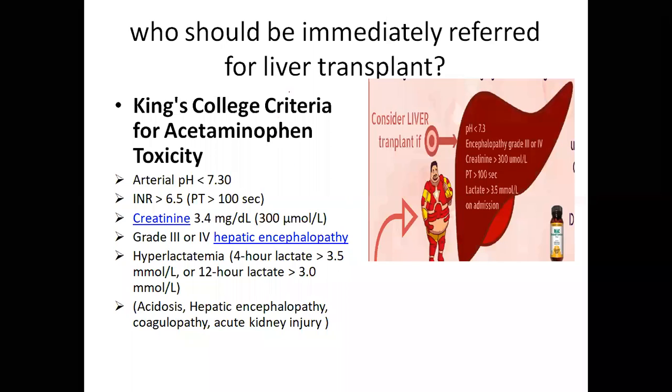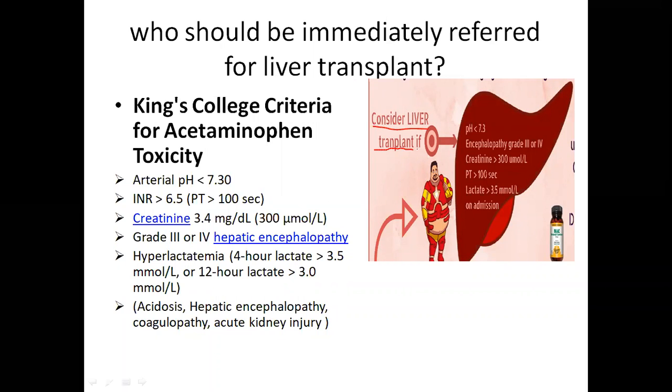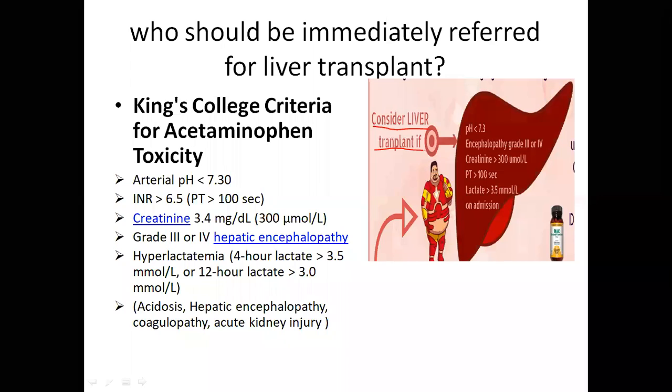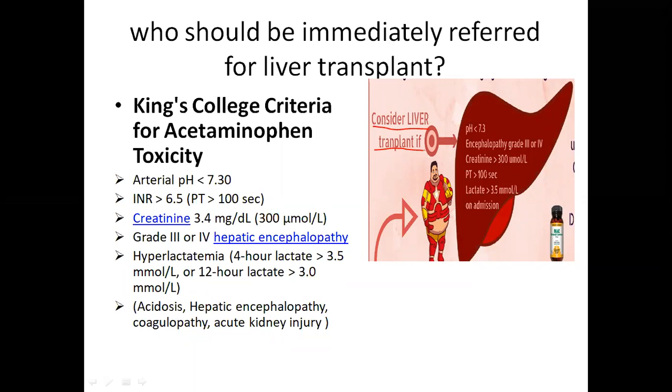So now, the last thing about paracetamol poisoning is, as you can see in the image, liver transplant. Can we do a liver transplant in a person who has ingested a very high amount of paracetamol? We will see that. Who should be immediately referred for liver transplant?